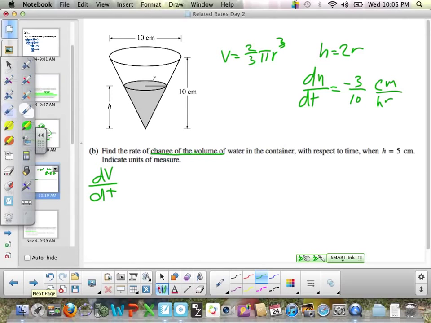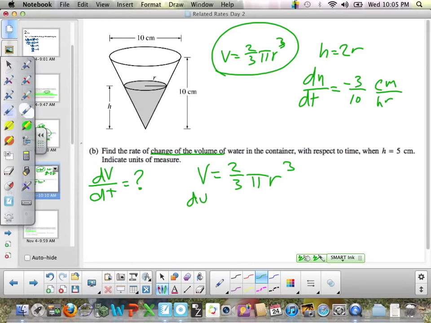All right. So we want to find dV dt. So take our volume, 2/3 pi r cubed. And let's take the derivative with respect to time. Derivative of volume with respect to time is dV dt.